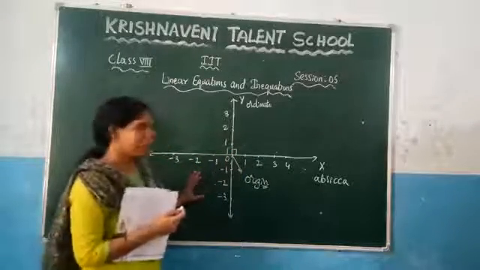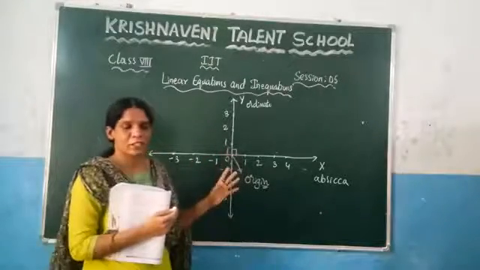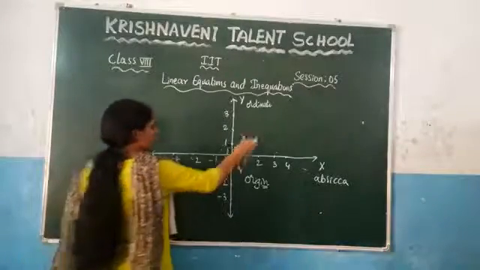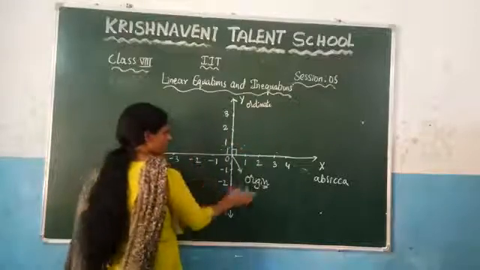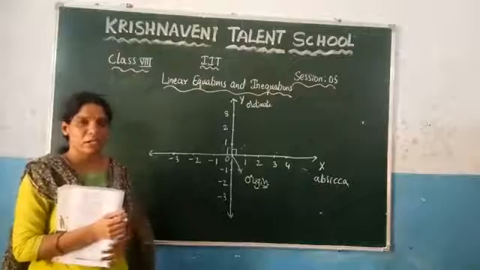Now you can observe that this coordinate plane divided the coordinate axes into 4 regions, right? Here it is divided into 4 parts: first part, second part, third part, and the fourth part. Each part we call a quadrant.